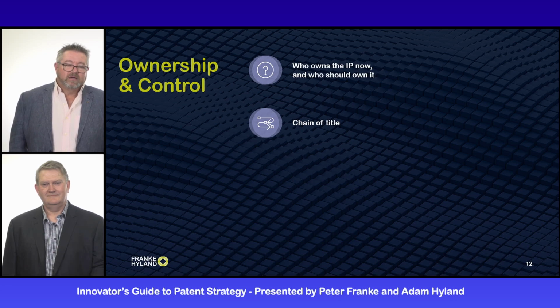This can sometimes be straightforward and sometimes not. If you're operating an R&D group within your company and everyone's job there is to produce new technology for commercial exploitation, it's a fairly normal thing for the rights of the inventors in that group to pass to the company that employs them. Typically in Australia, that's how it would work.